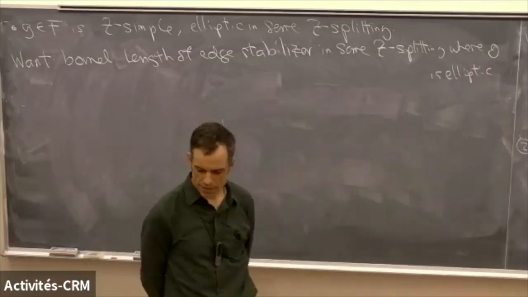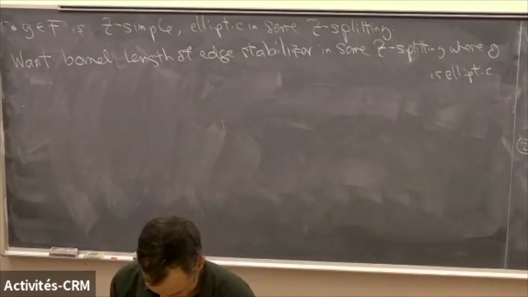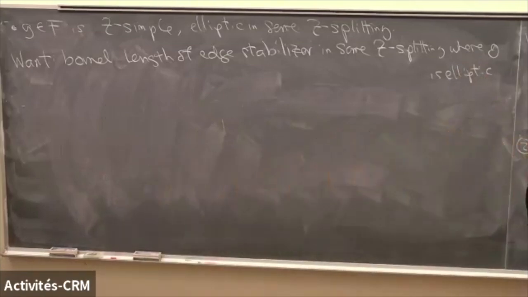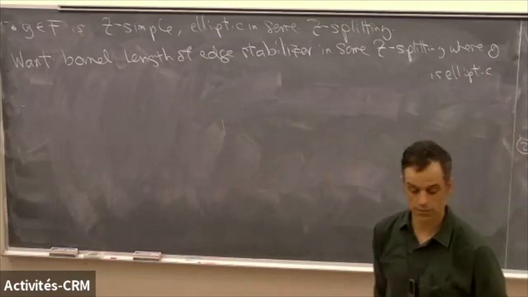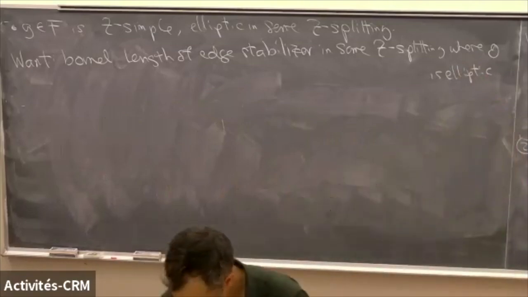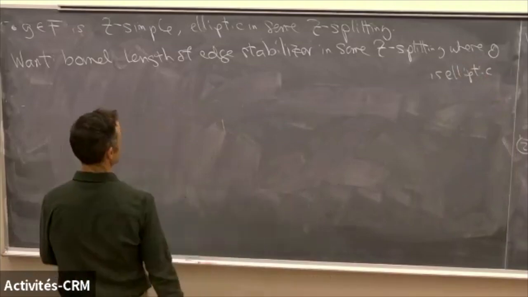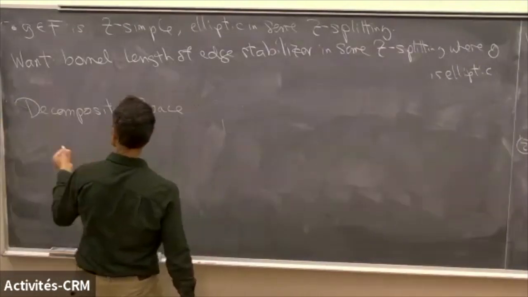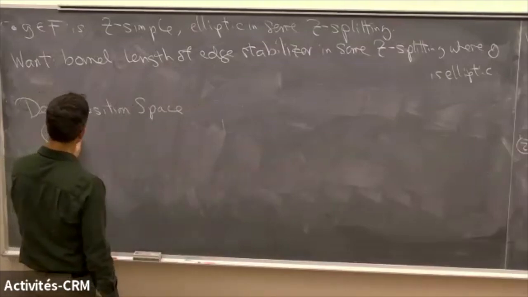So how do you understand splittings of this group relative to this element G? This uses a notion called a decomposition space, which was originally defined by O'Toole.